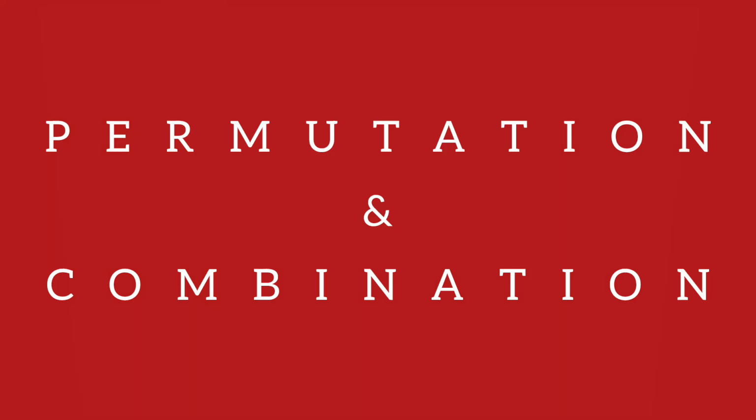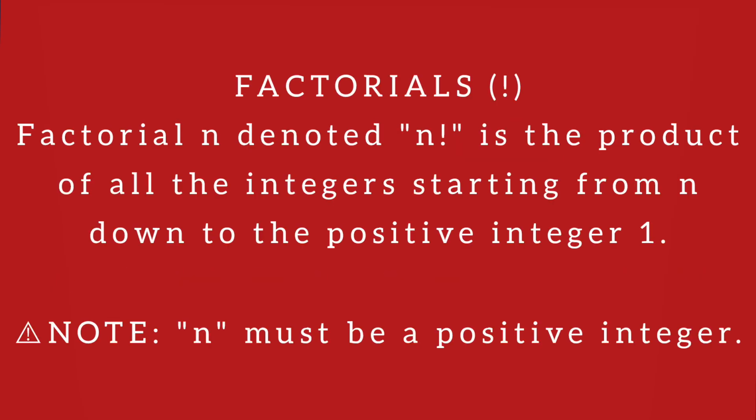Now, let's get into the business of this video. We'll first consider the concept of factorials. Factorial n, denoted by n factorial, is the product of all the integers starting from n down to the positive integer 1. Note that n must be a positive integer.